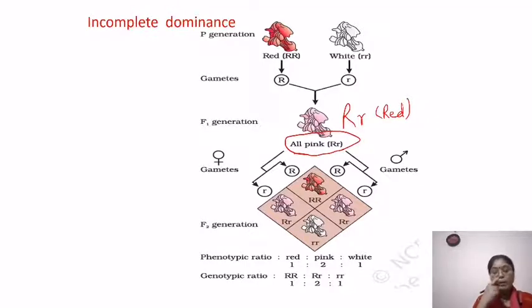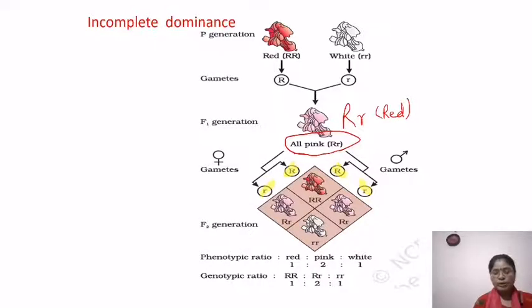It is not red. Now, after self-fertilizing this F1 generation, you will get both the gametes at this end. These are the gametes, and now you can just multiply them. I hope by now you know how to form the individuals: just unite the gametes, you will get the individuals.